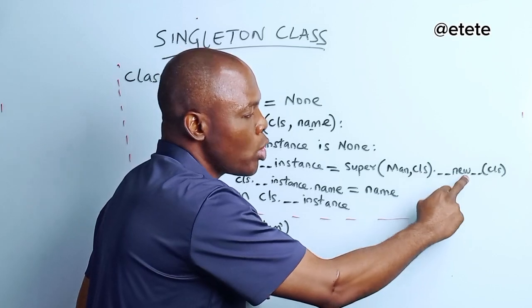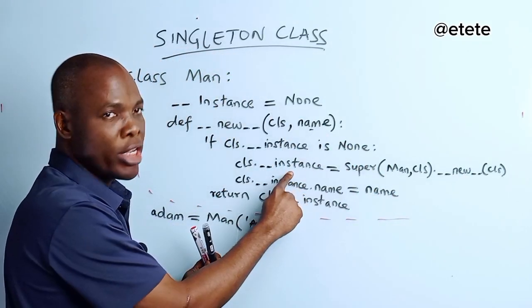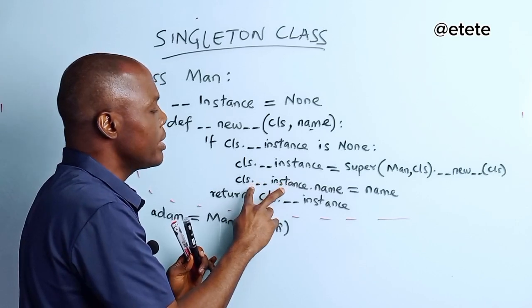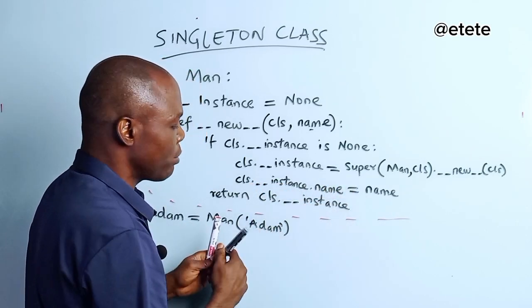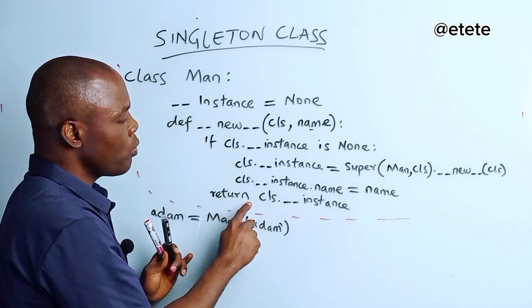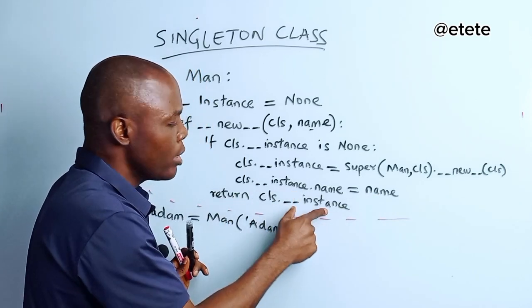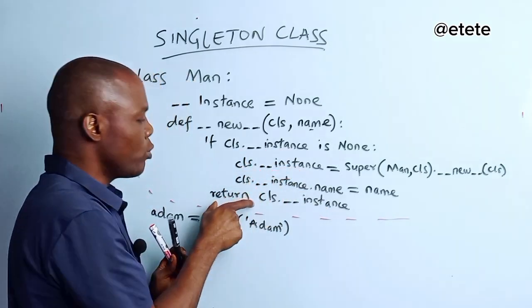So that proxy object will call this method. This method will now create an instance for this class and store it here. Now, this CLS.instance name is an attribute that will receive this Adam. So this Adam will be given to this name and stored here. So this one will return CLS.instance. The object that has now been created and stored inside this place is what this will return.